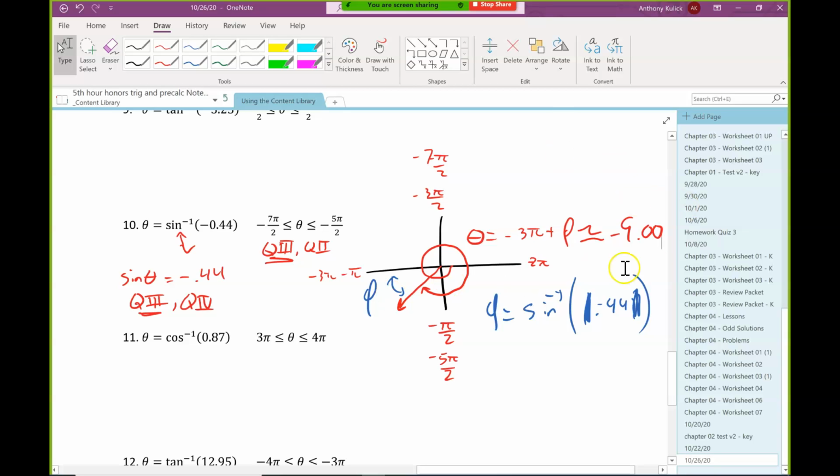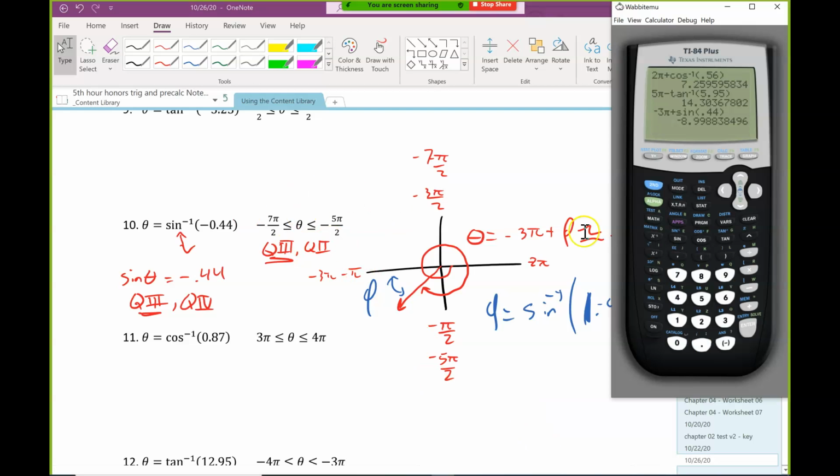And just as a check on this, because sometimes the signs get kind of weird when we're doing the negative ones, you can always check to make sure that it's in the interval. So if I do sine of that value that I just found, I should get negative 0.44, which I got pretty close to. Make sure I'm in the right mode here. There I am. Okay. So that's pretty close.